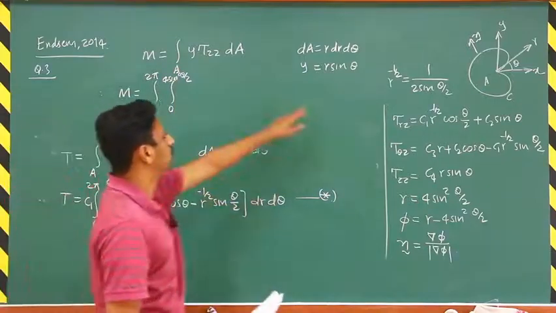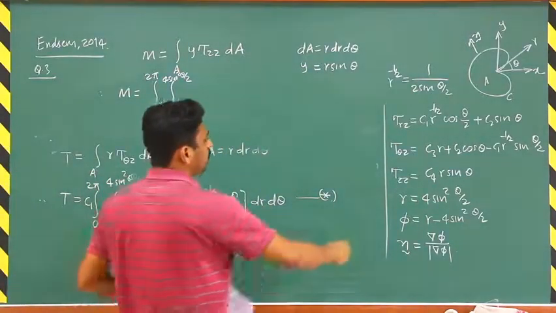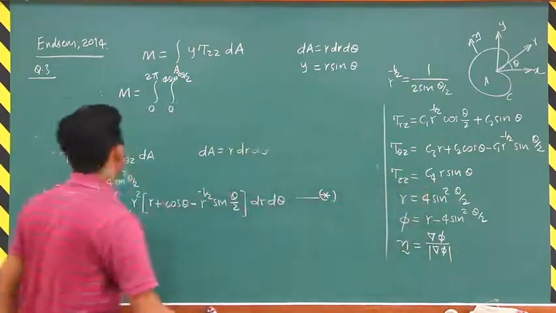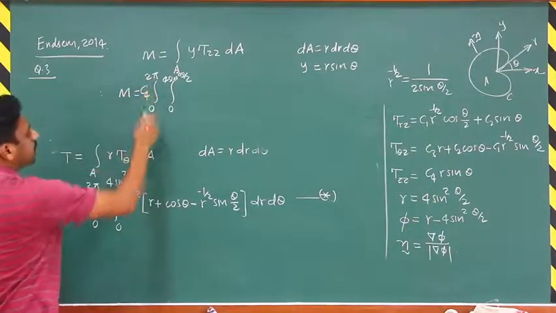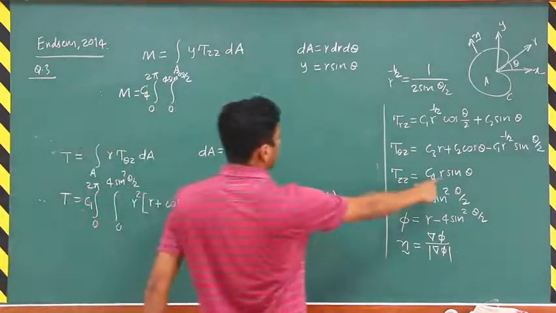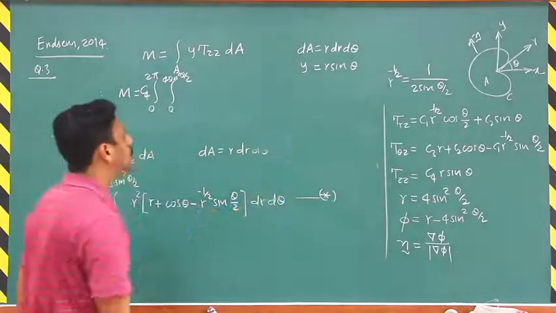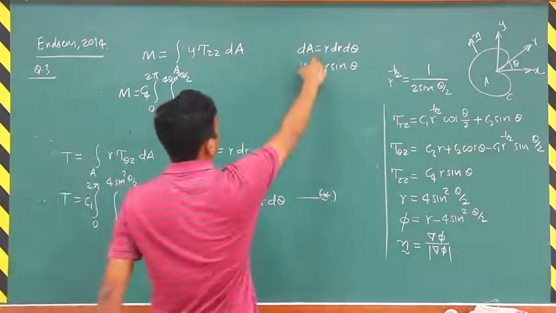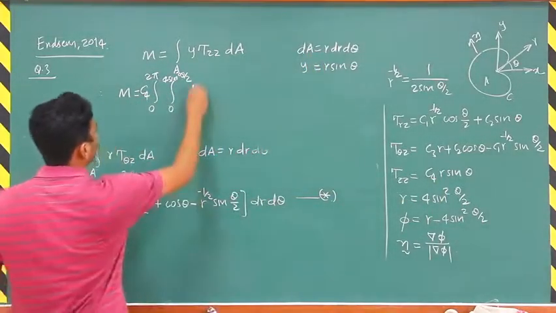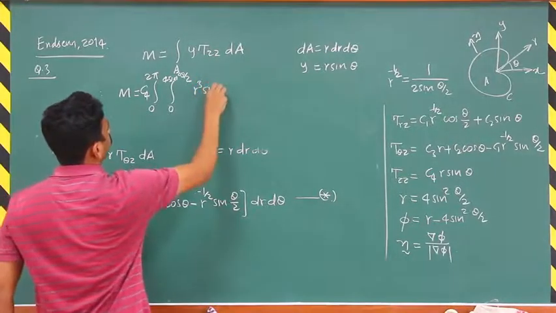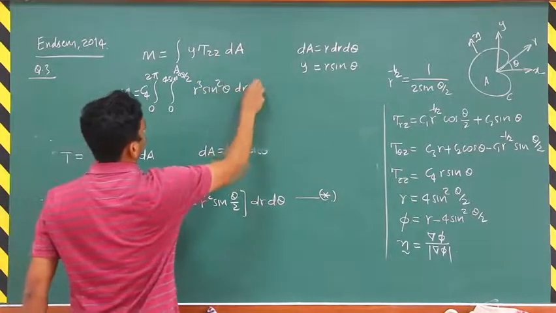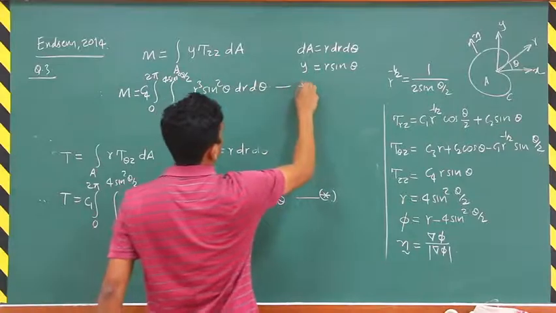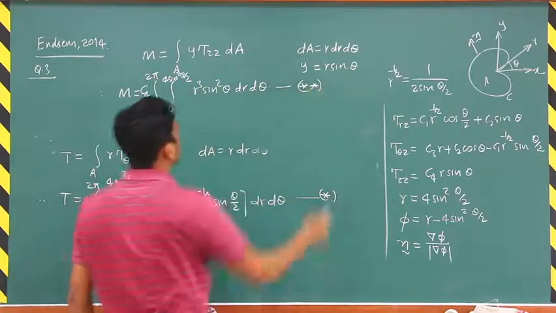Now r sin theta, C4 coming from this tau z expression, let's take it outside the integration sign, C4, one more r sin theta, so it will become r square sin square theta, and one r will come from the area element, so it will become r cube sin square theta dr d theta. Let's call this expression double star.